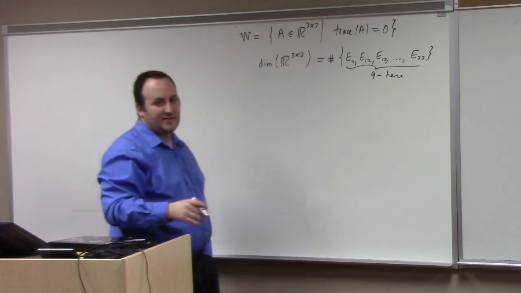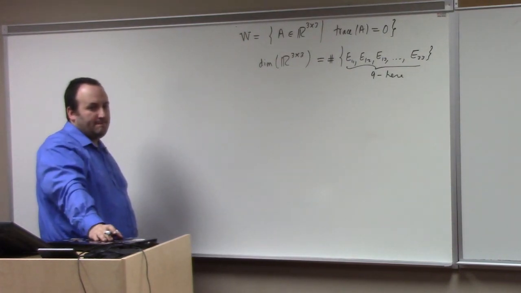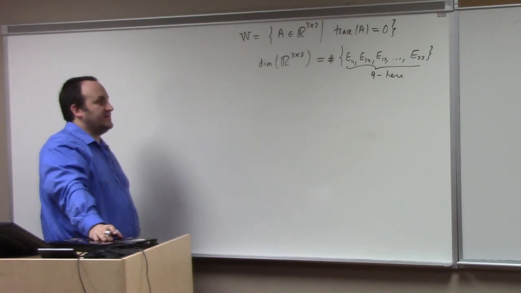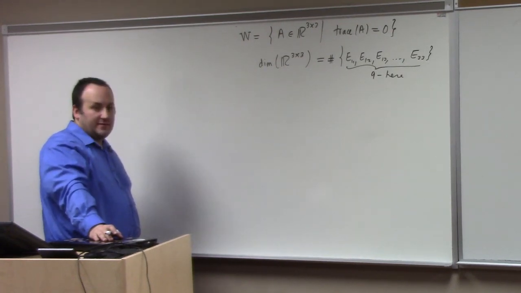So this is a 9-dimensional space. Traceless 3 by 3 matrices, it's a subspace of the 9-dimensional parent space. The vector space V, if you like, is R3 by 3.